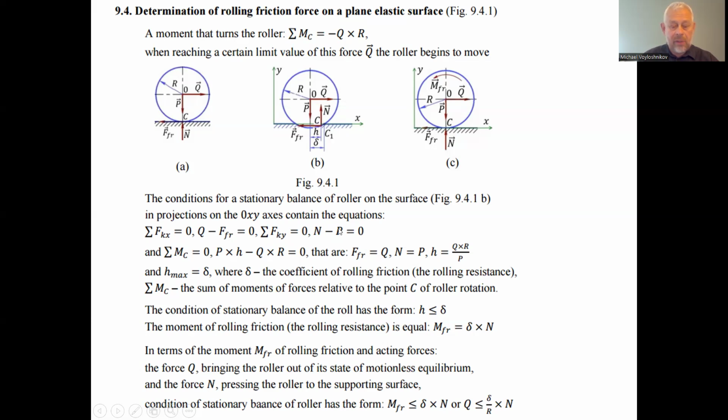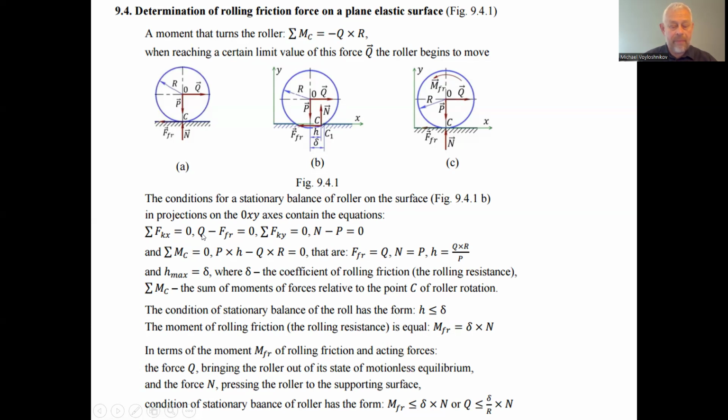The balance equations we will have when the roller rolls. The total of all forces' projections on the abscissa axis has to be equal to 0. The total of the forces on the ordinate axis is equal to 0. Then from the second equation we have that the reaction of the support N is equal to P, the force.